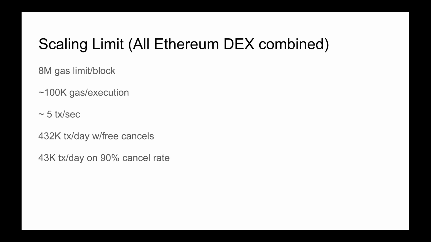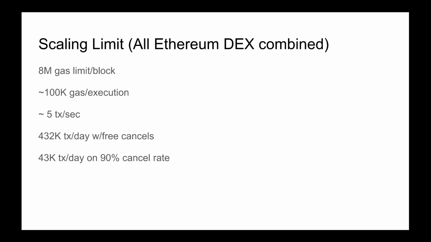There is an 8 million gas limit per block. And approximately, if you look at all these DEXs, they take about 100K of gas per execution. It varies from 40, 50,000 to 120,000, but as a median, it's about 100,000 gas, which is approximately 5 transactions per second, which is approximately 430 to 1,000 transactions per day if cancels are free. This is about the size of Coinbase.